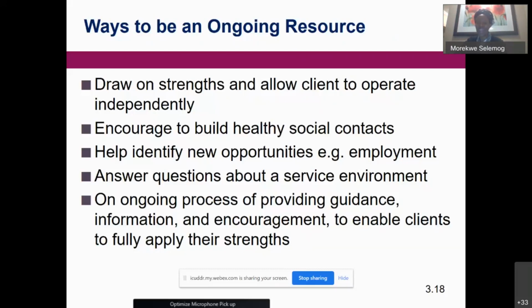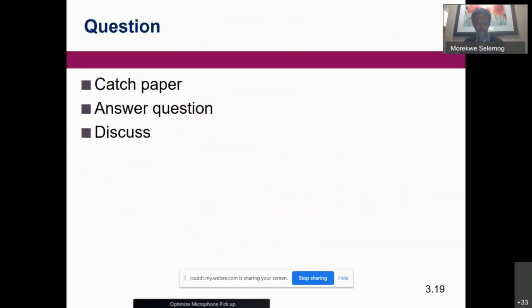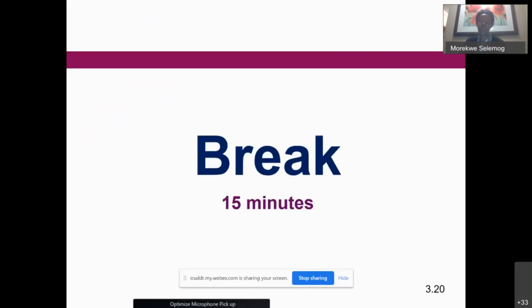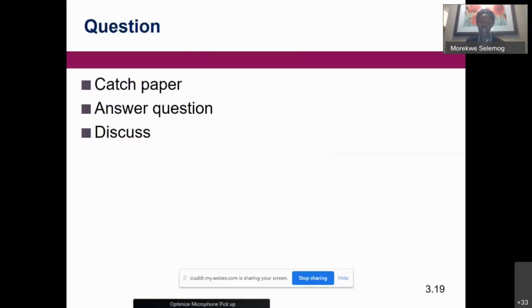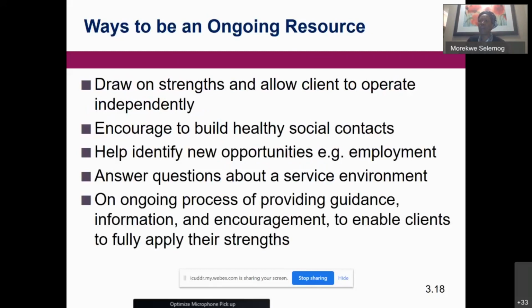You have to be an encouraging person to enable the client to fully apply their strength, because our clients need a very supportive environment. And one of the benefits of strength-based is that it does build resilience, it does build confidence in our clients, and therefore, when a case manager provides the support that I've just highlighted, it gives them the morale and the boost to continue in their recovery journey.